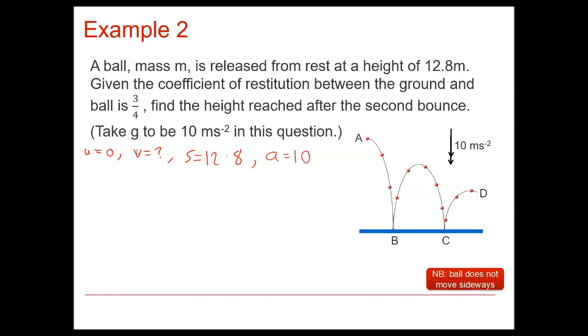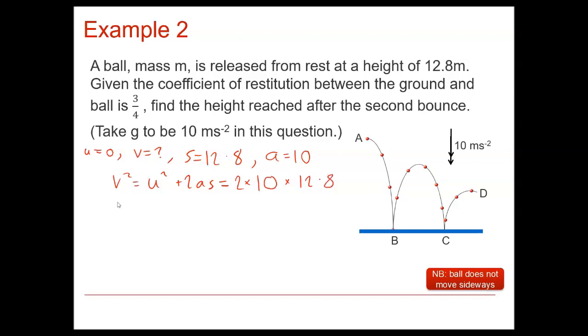So which equation do we need? We need the one that involves u, v, s and a, and that is this one, v squared equals u squared plus 2as. Now remember, u is equal to 0, so we've actually just got v squared is equal to 2 times a times 12.8.